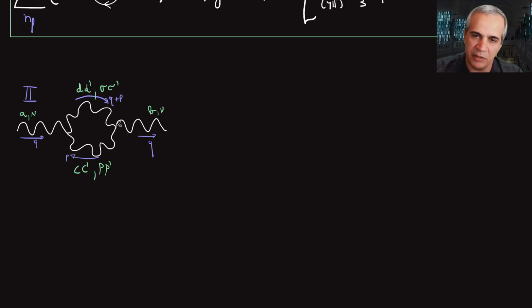So this propagator here will have a delta with color indices and a g with Lorentz indices, so you have a g sigma sigma prime. And the same is true here. The one to the left is contracting with the vertex to the left, and the ones to the right are contracting with the vertex to the right.